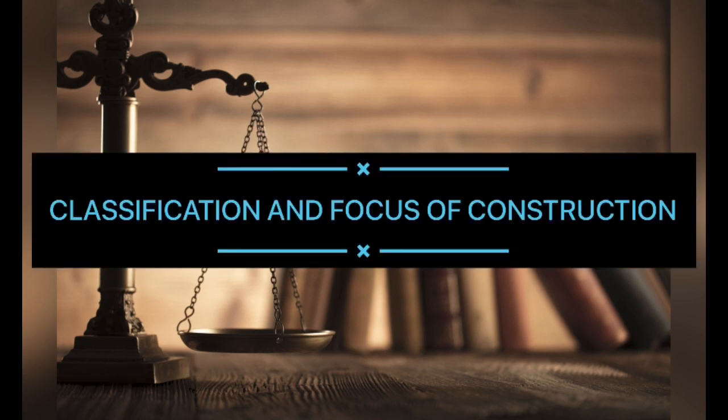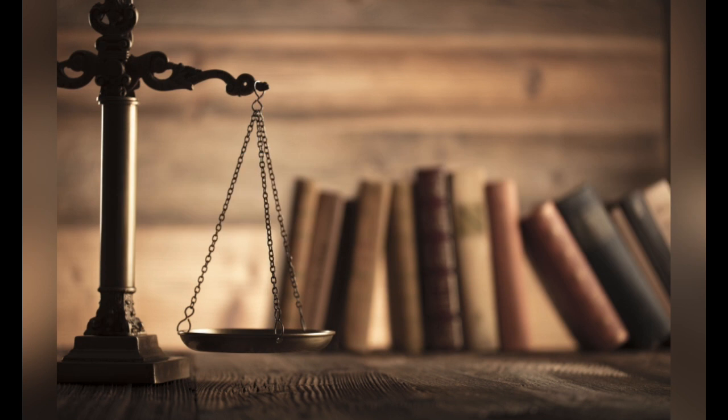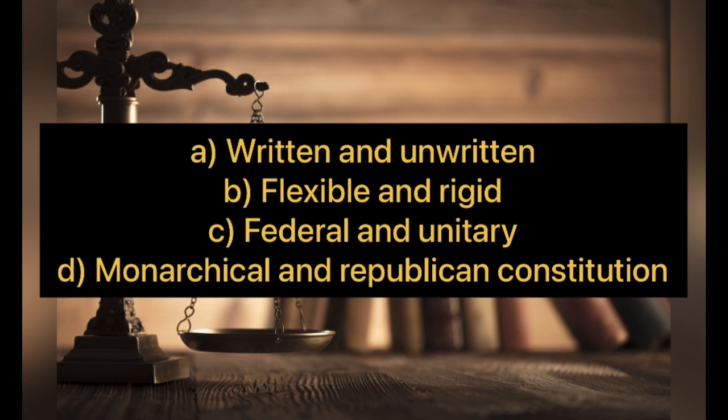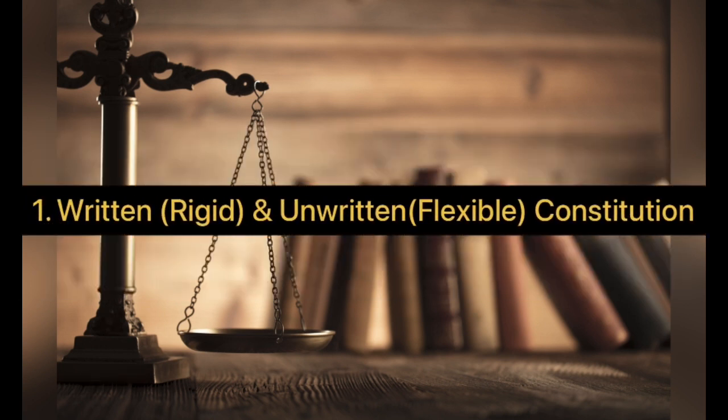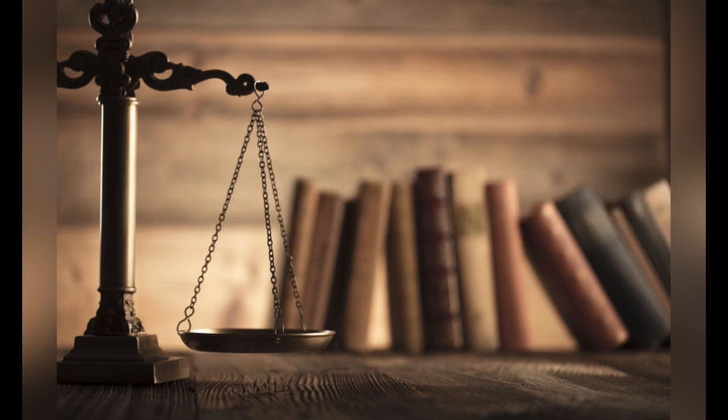Classification and focus of Constitution. Constitutions are variously classified. Among these are written and unwritten, flexible and rigid, federal and unitary, monarchical and republican constitutions. 1. Written, that is rigid, and unwritten, that is flexible constitution. This is based on the rules codified in a single document, written, and the amendment of the Constitution.